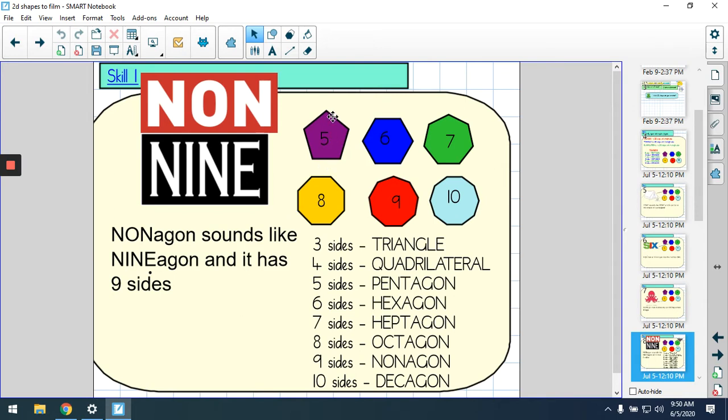So a reminder, we have a shape with 3 sides, a triangle, a shape with 4 sides, a quadrilateral, then our 5-sided shape, pentagon, hexagon, heptagon, octagon, nonagon, decagon. I would pause the film at this point and just go through them, say them out loud to remind yourself of the different names.